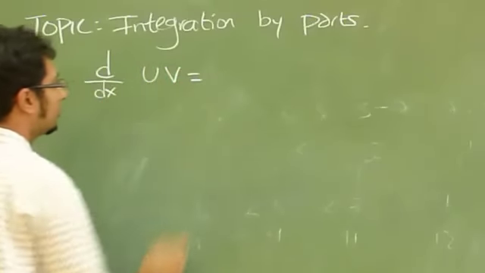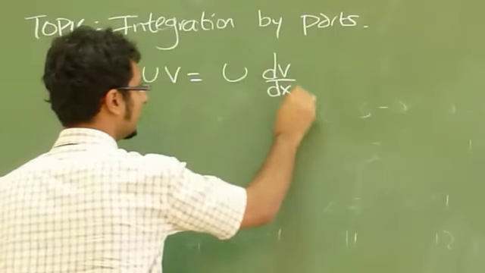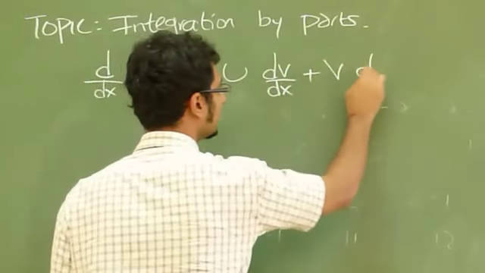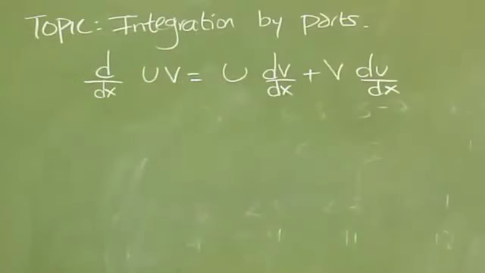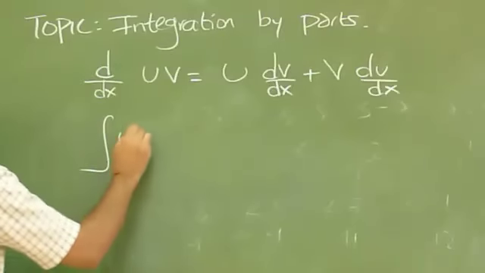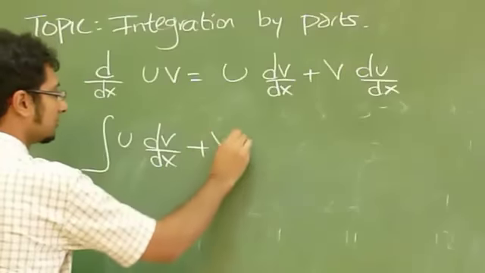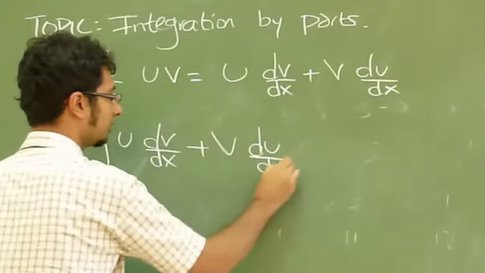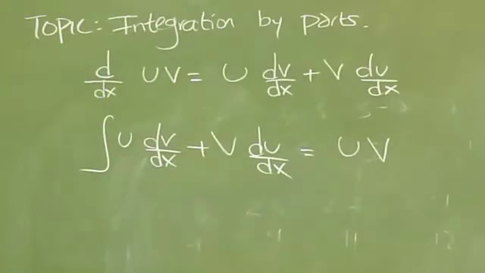If you are differentiating uv, you get u dv/dx plus v du/dx. As you're studying integration, if I integrate this, I need to get back uv, because integration is a reverse process.